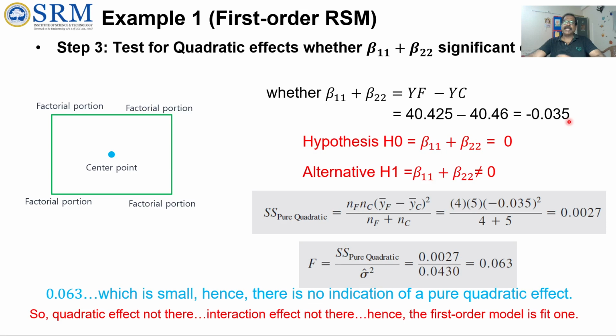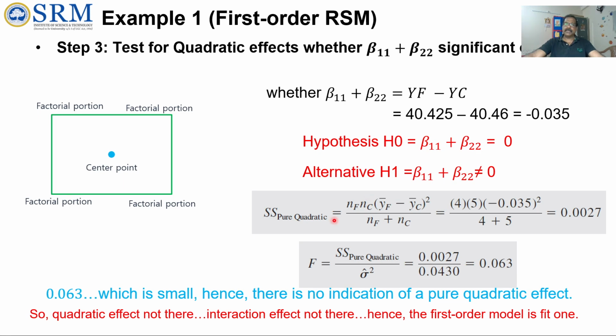Here the hypothesis is that the quadratic effect beta 11 plus beta 12 equal to 0 is the null hypothesis. If not equal to 0, we reject that and accept the alternate hypothesis. Then we need to calculate the sums of squares of pure quadratic, which is nf into nc, where nf is the number of points in the factorial portion and nc is the number of observations at the center point.